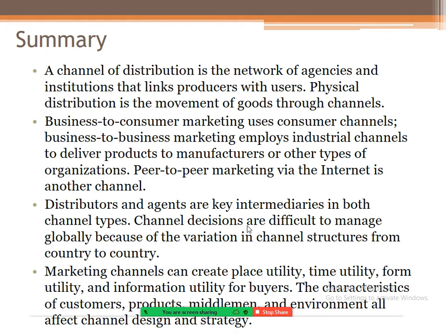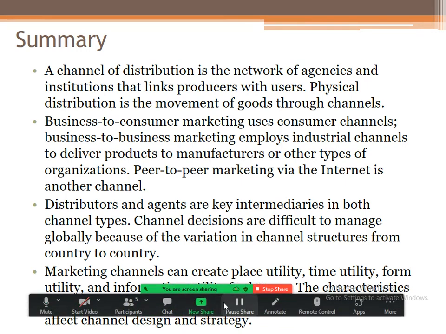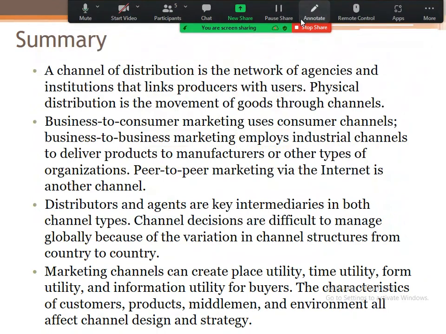Business to business marketing employs industrial channels to deliver products to manufacturers or other types of organizations. Peer to peer marketing, we have seen that was initiated by eBay. So, through the internet is another channel. Distributors or agents are the key intermediaries in both types of channel.